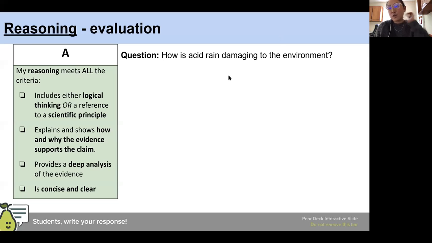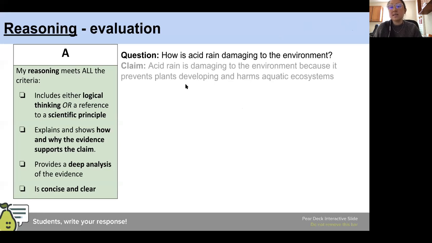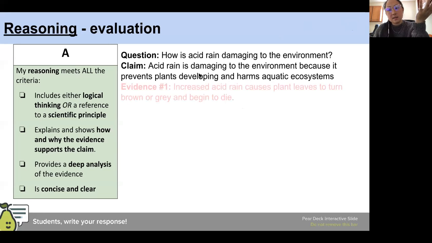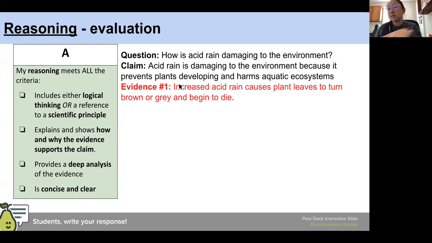We're going to use the same question, how is acid rain damaging the environment? We're going to use the same claim that we just modeled: acid rain is damaging to the environment because it prevents plants from developing and harms aquatic ecosystems. Now, I'm just going to make up an evidence. The evidence is that increased acid rain causes plant leaves to turn brown or gray and begin to die.